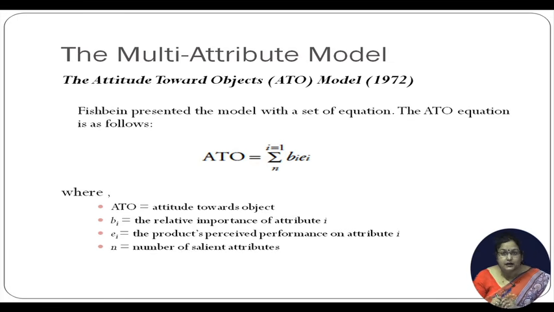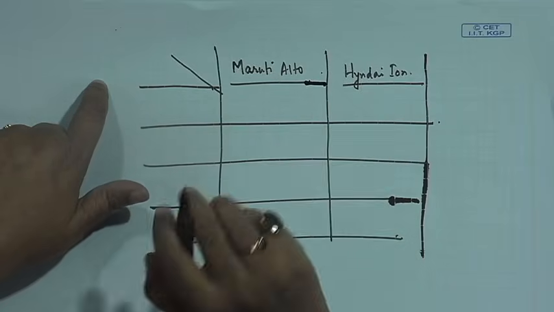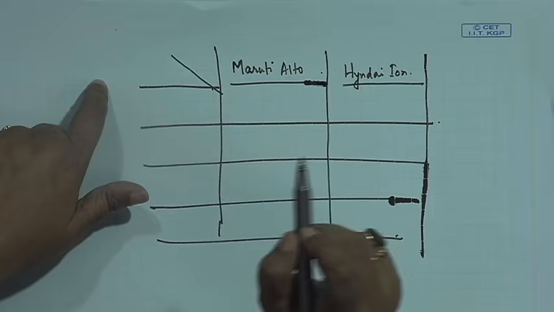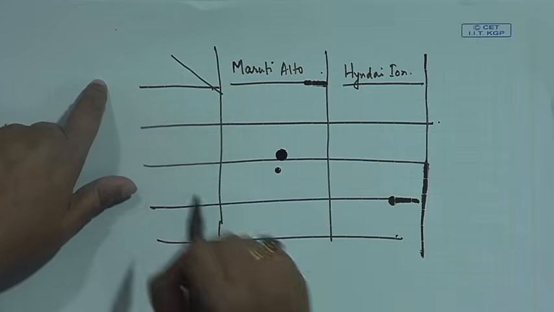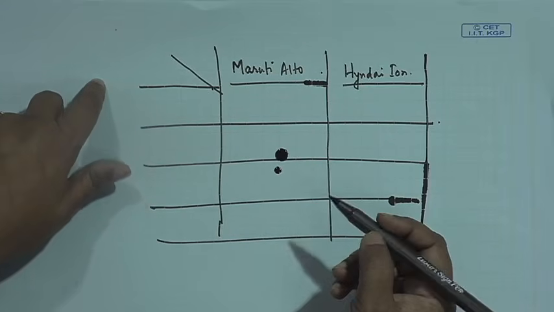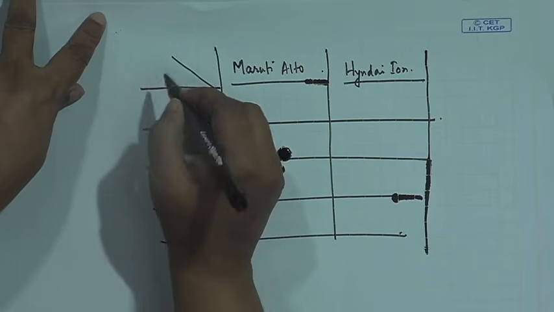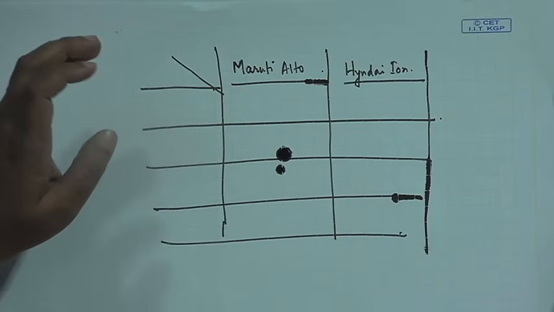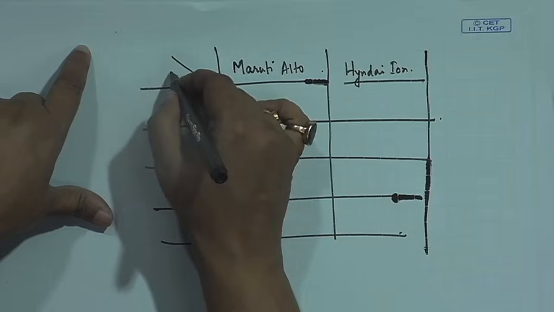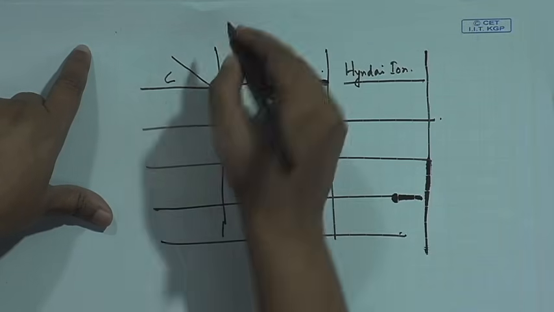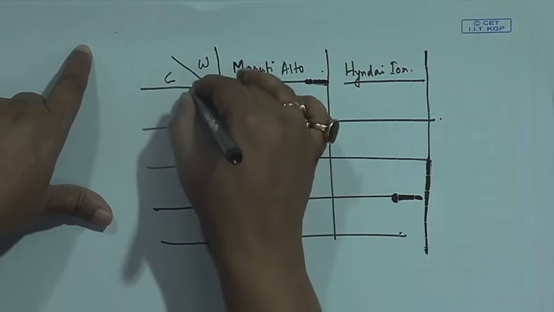Now, to make it clear, I will just show you. Say we have two cars to evaluate: Maruti Alto and Hyundai i10, and you want to see how, as a customer, I take a decision. First, I have some criteria, and these are the weights of those criteria.